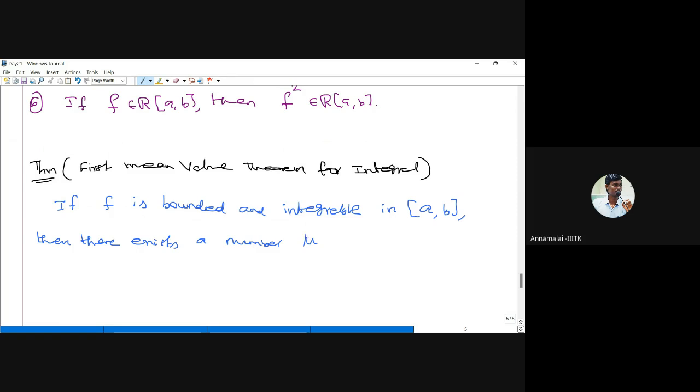What are the bounds? For f, the upper bound is capital M, which is the supremum of all the f of x, and small m is the infimum of all the f of x, where x varies in the closed interval a comma b.